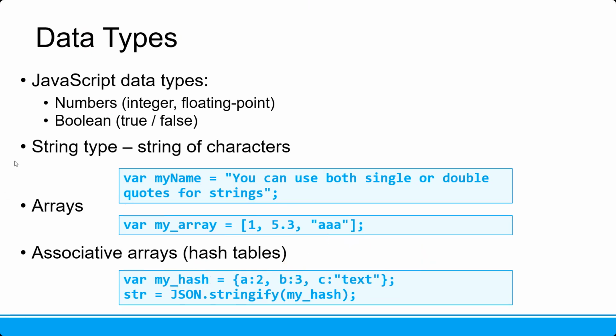And whenever we want to create a string, we can use JSON. We will learn separately about JSON. JSON.stringify. So we want to put this dictionary into a string. JSON means JavaScript Object Notation. We will learn separately about JSON in some weeks later.